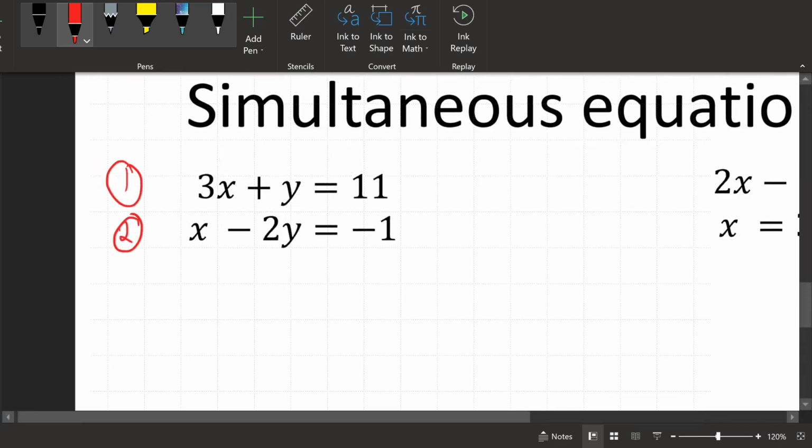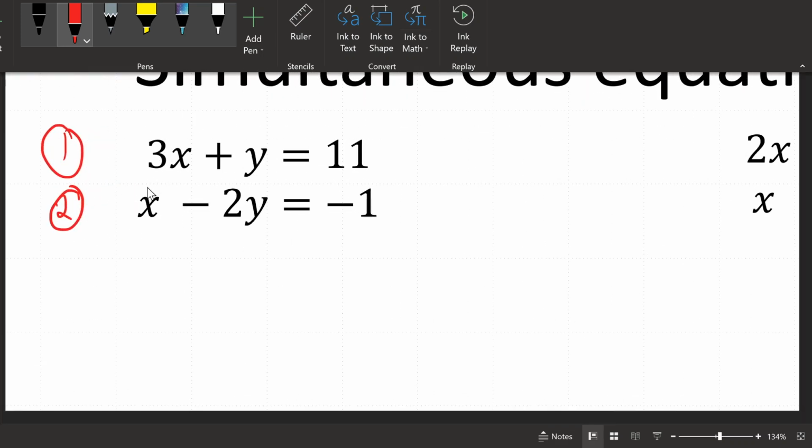In our last video, we had to multiply the first equation so that we got 2 in front of y in both cases. So multiply that first equation by 2, and we've got 6x plus 2y equals 22.